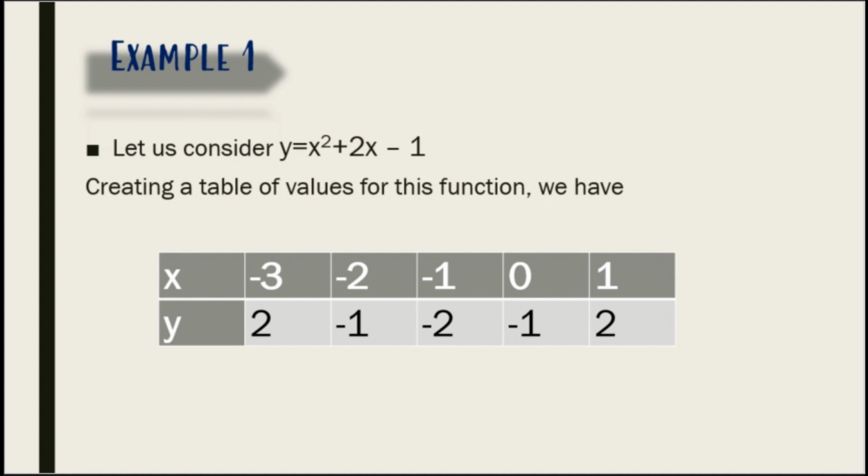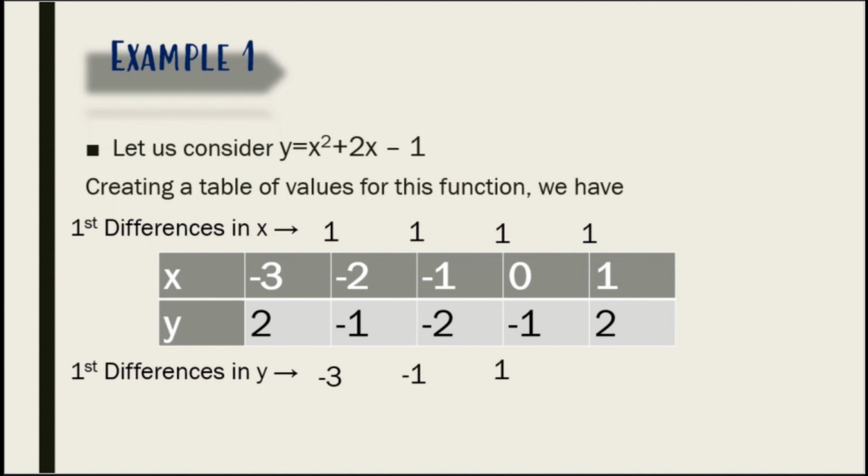Completing the table of values, it gives us first differences in x equal to 1, while we have -3, -1, 1, and 3 as the first differences in y. We can get that by subtracting two adjacent y values, while for the first differences in x, we subtract two adjacent x values.